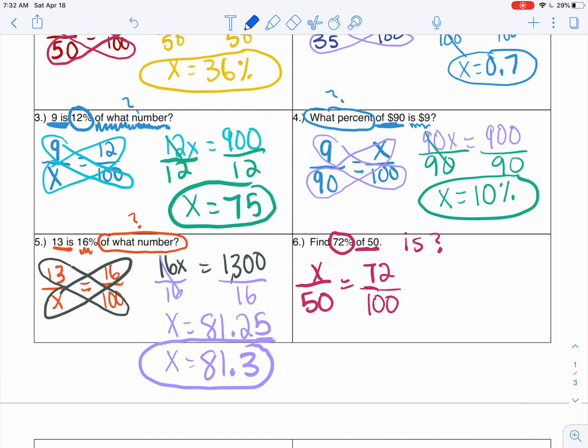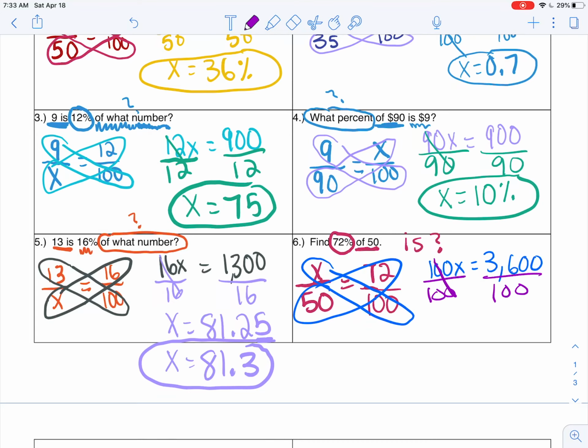Let's cross multiply here. 100x equals 72 times 50, 3,600. And then we're going to divide both sides by 100. And x is equal to 36. All right, so that is the lesson for today.